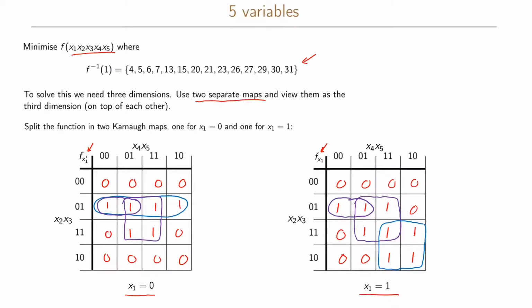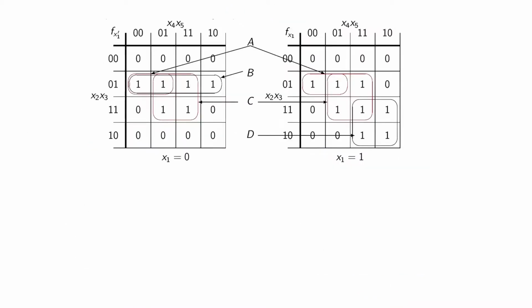Now we name them: this one we call A, this one we call B, this one C, and finally this one here D. Let us write the expressions for our implicants. We start with A, which covers both our Karnaugh maps, so this will not be dependent on x1.